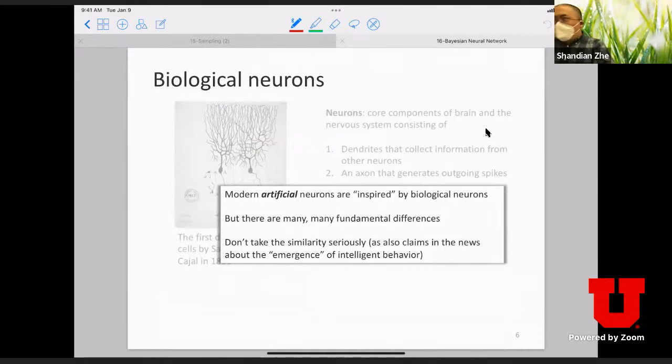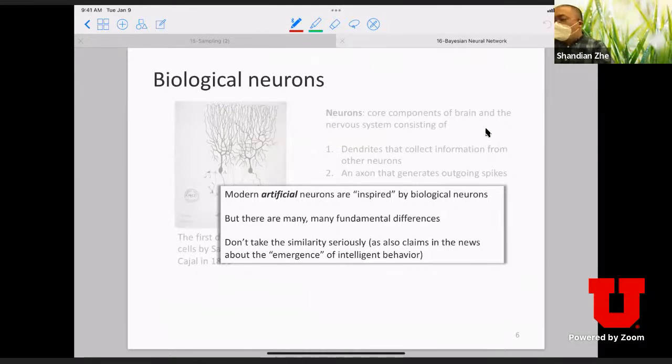Because of engineering needs, people define the logistic function, all kinds of activation functions, and ways of connection, and they are not justified by any biological meaning. However, they work in practice.